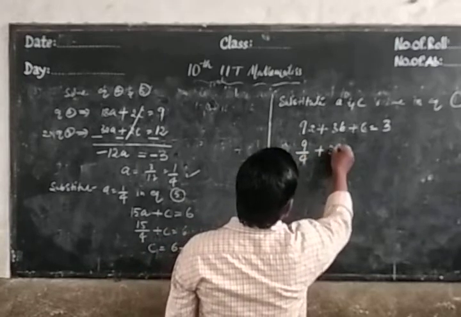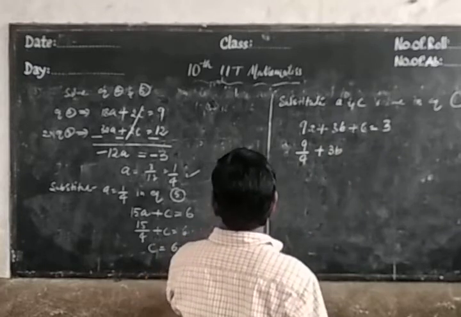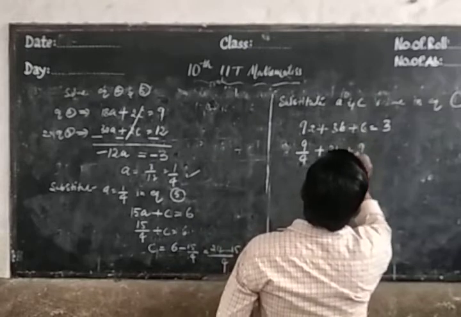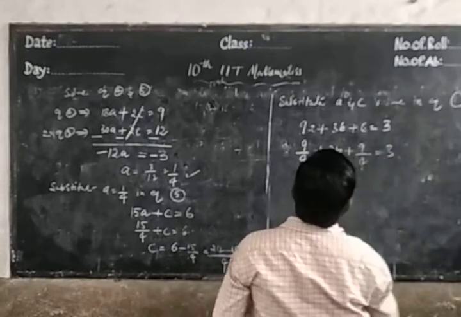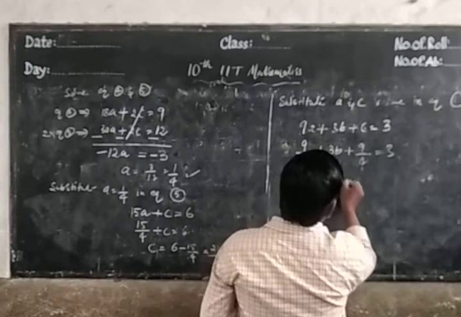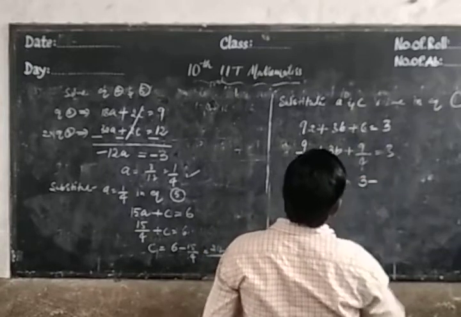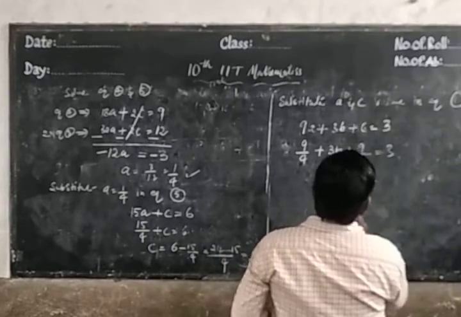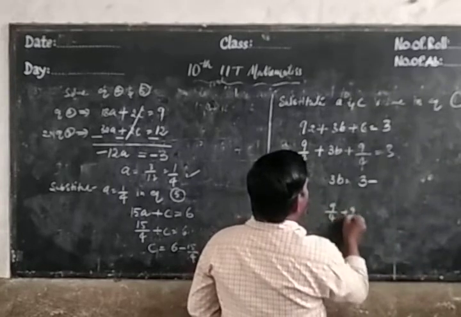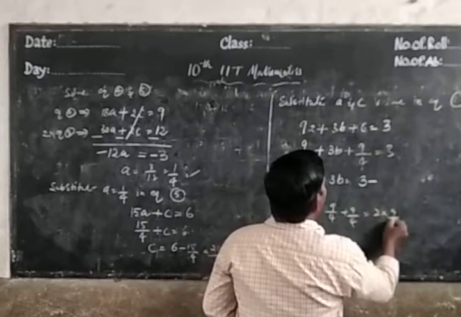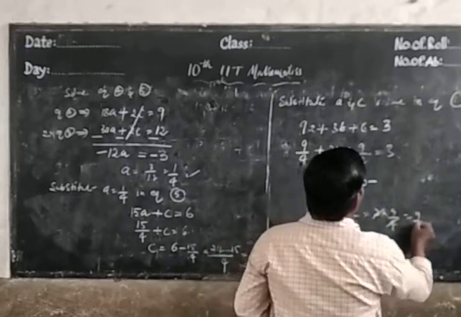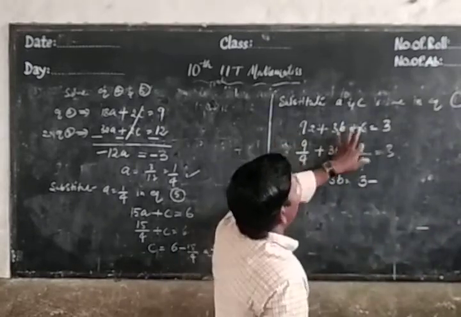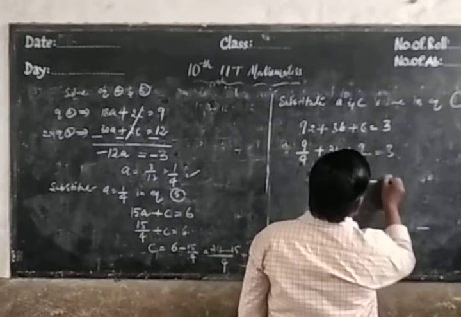We don't know the b value. What is the c value also? 9 by 4 equal to 3. 3b equal to 3 minus 9 by 4 plus 9 by 4. 2 into 9 by 4, that means 9 by 2. So 9 by 4 plus 9 by 4 is 9 by 2.